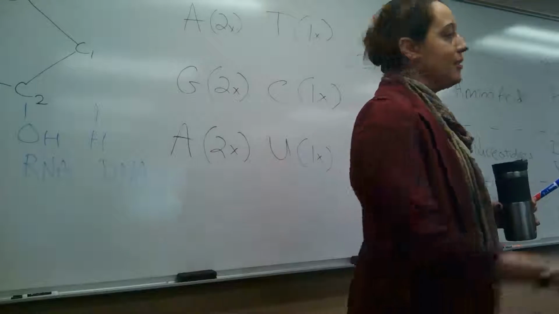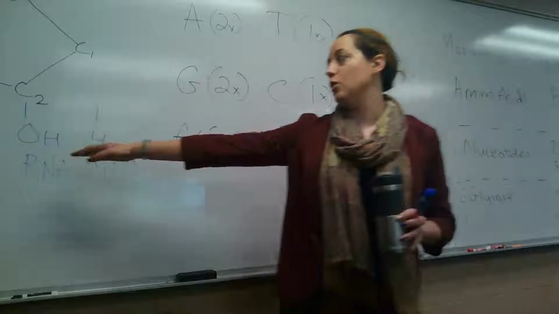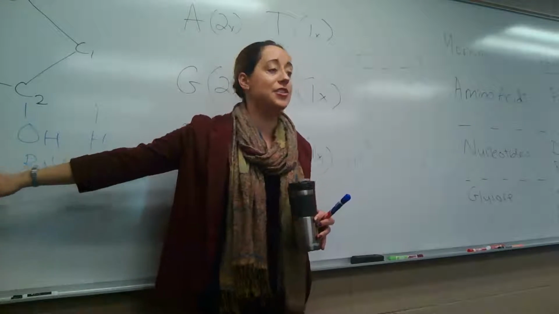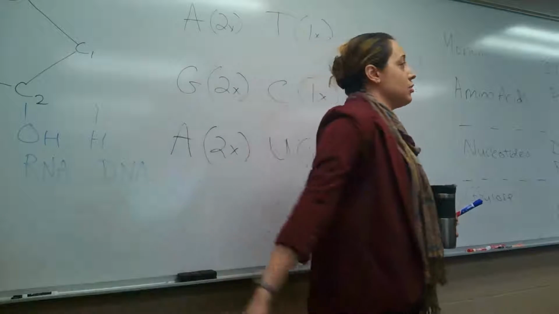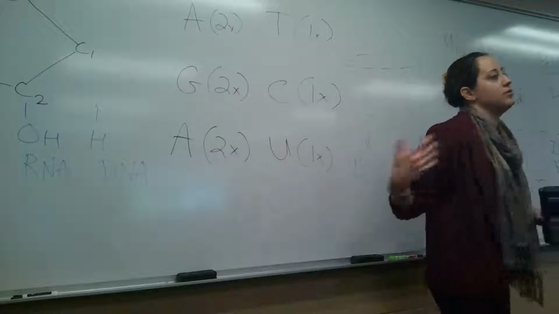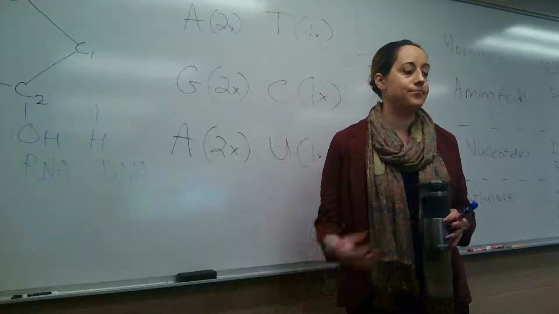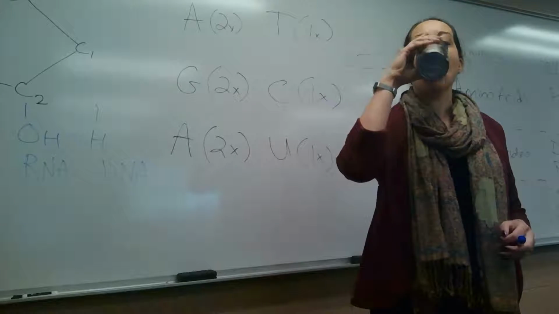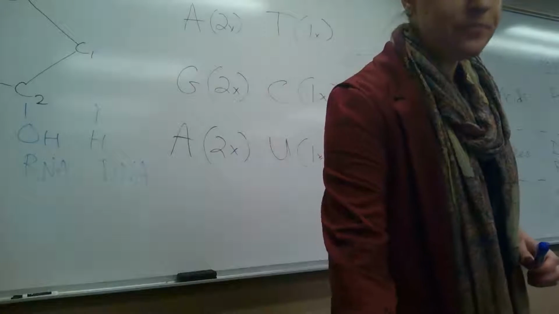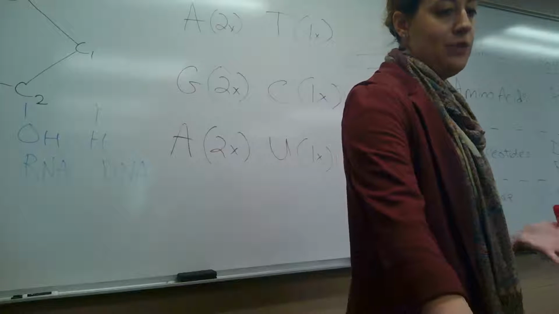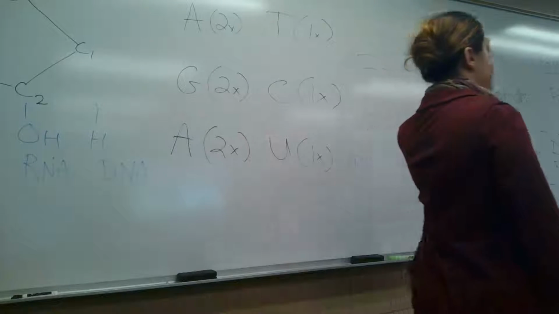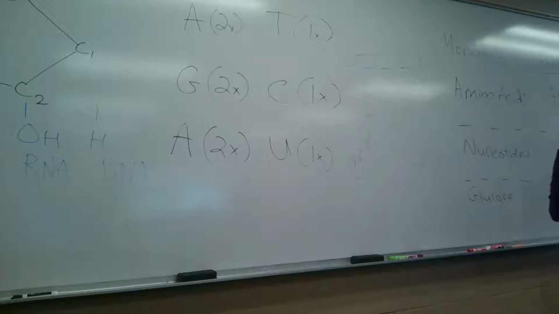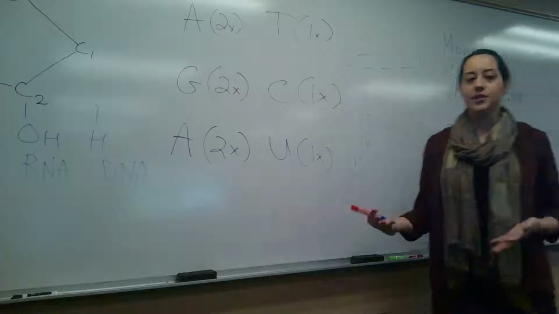Okay. And so, as I said, this is called a free hydroxyl when it's not attached to anything, and this is crucial for adding on the next nucleotide in the chain. By knowing the 5' end versus the 3' end and what direction this chain is going, we know what direction DNA could be synthesized in.